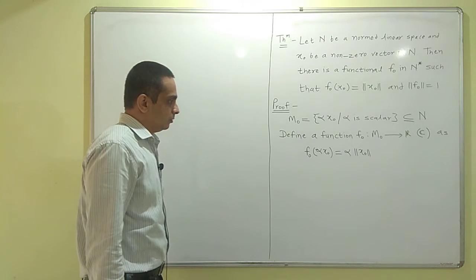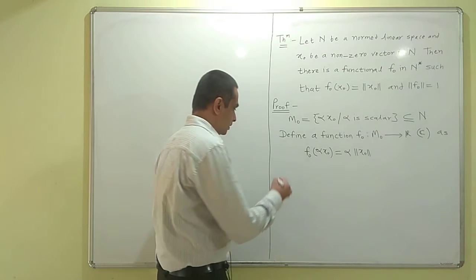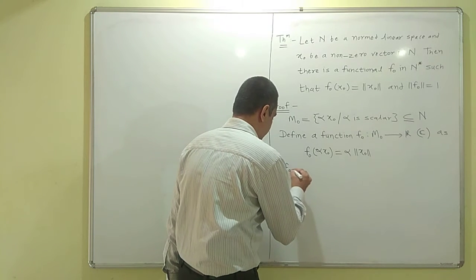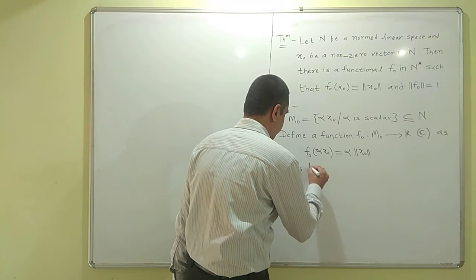We will prove that f0 is linear. So at first we will prove that f0 is linear.